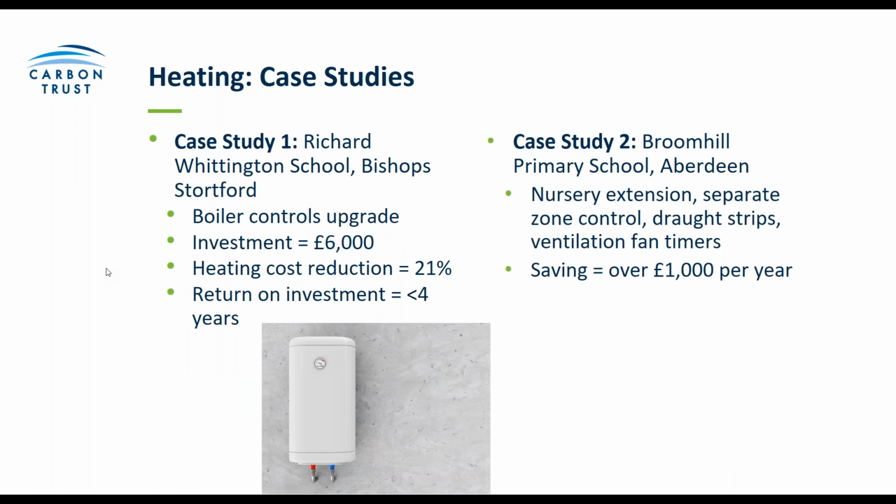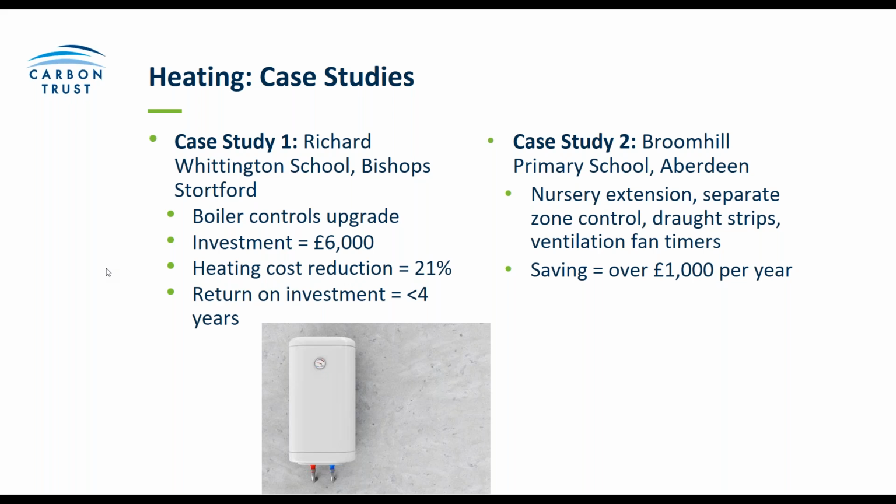And just to give a couple of examples of those, these are a few schools that we looked at. The first one was where we looked at some fairly straightforward boiler control upgrades, and for an investment of £6,000, we were able to achieve a heating cost reduction of just over 20%. And the school there was looking at a return on that investment of under 4 years.